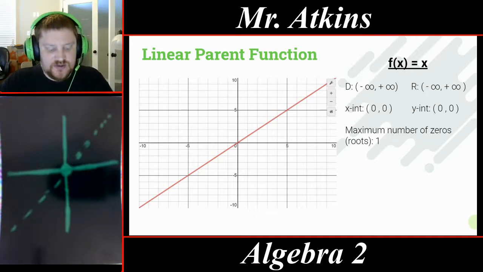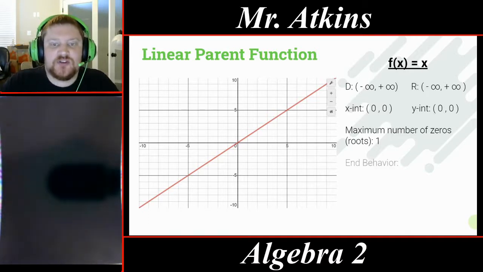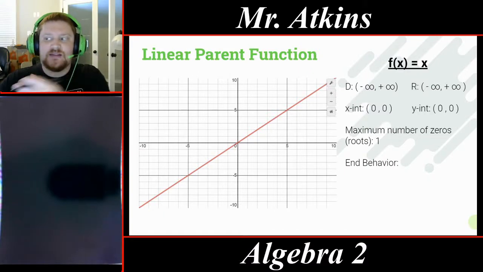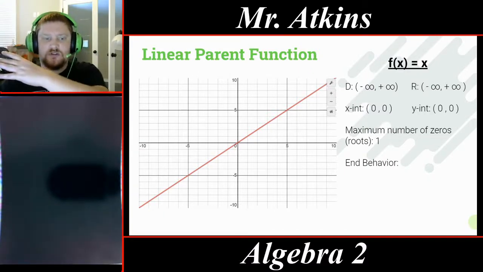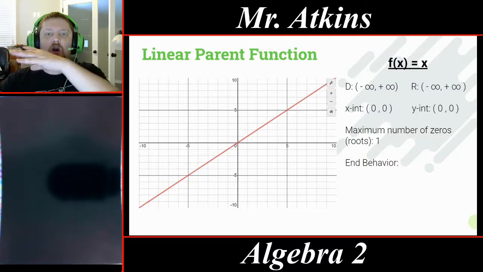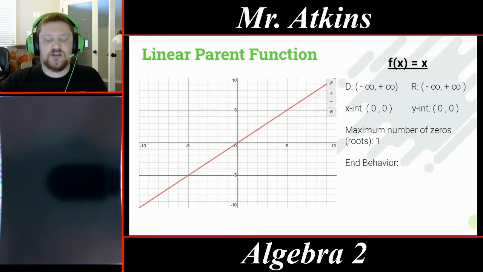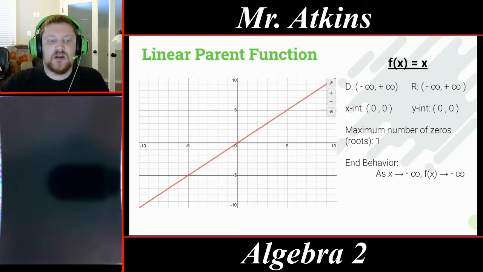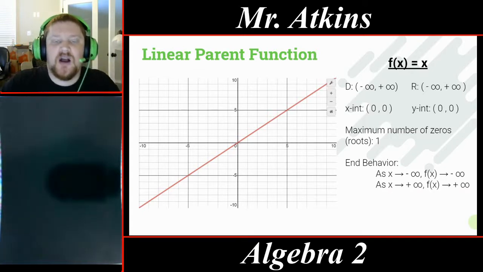We can see for this case that our end behavior of this graph, as x goes to our left, or as x approaches negative infinity, our y approaches negative infinity as well. Our f of x approaches negative infinity. And then as x goes to the right, as x approaches infinity, f of x approaches positive infinity.